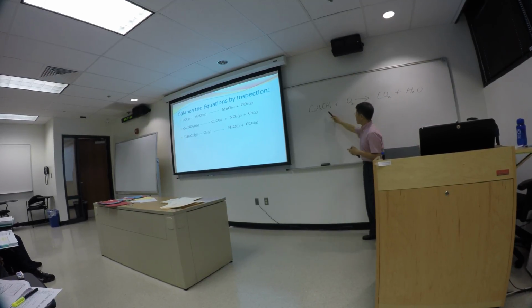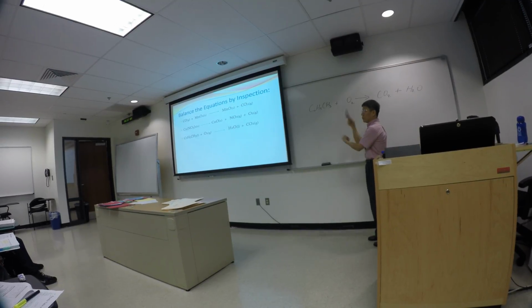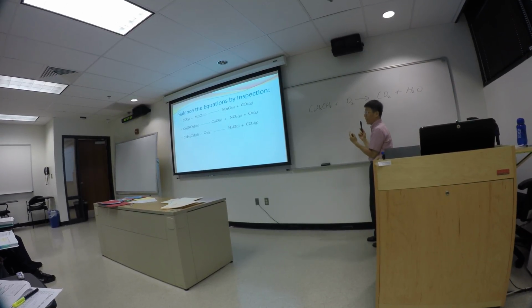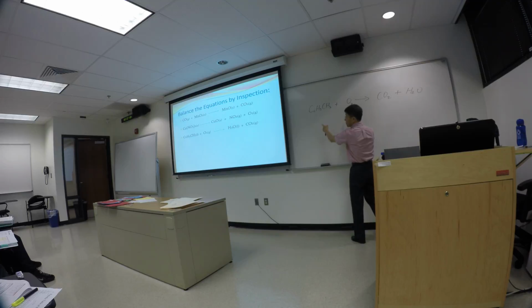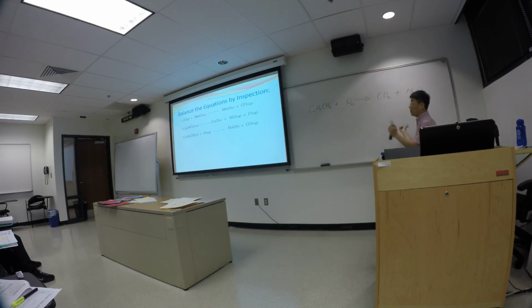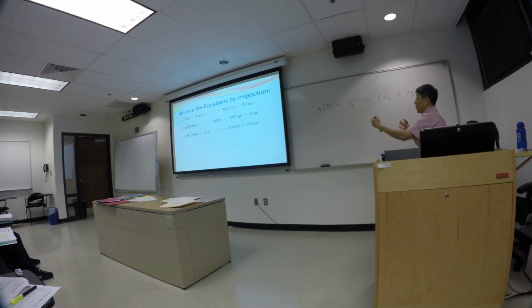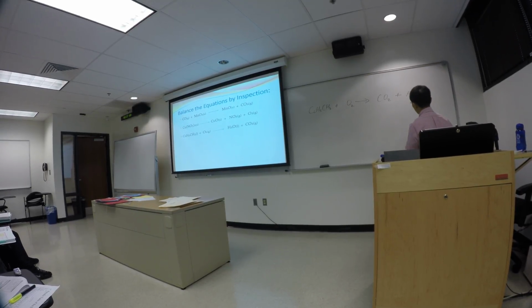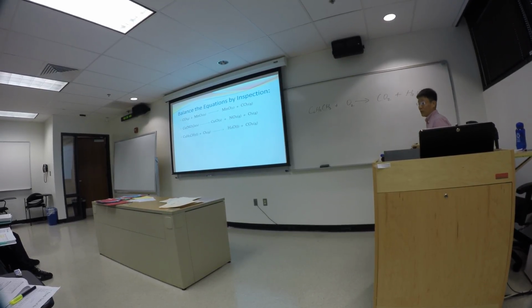You can say methylbenzene reacting with oxygen, or if you switch the position, it doesn't really matter. These are the reactants. The products are carbon dioxide and water. If you write water and carbon dioxide, it's the same thing. You end up with the same products. Okay, so it doesn't really matter how you write the chemical reaction equation, as long as you put the reactants on the correct side and the products on the correct side.